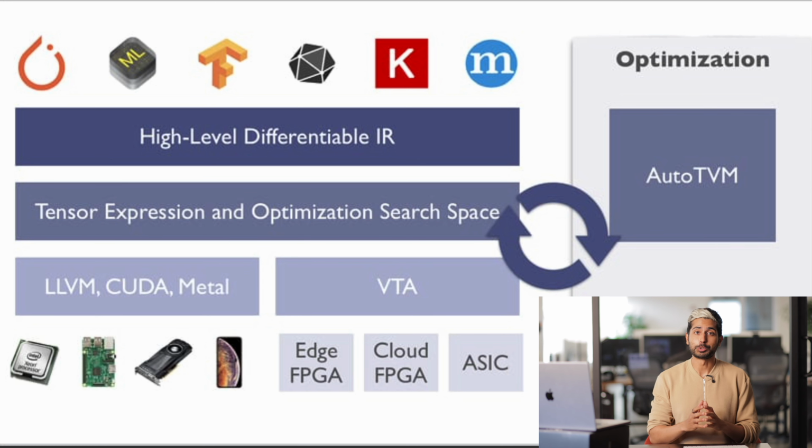This thing is awesome. It was created by Apache, a company that's well known in open source software for a bunch of different technologies already. And the way it works is we take our machine learning model, whatever language or framework it's in, whether it's PyTorch, TensorFlow, Keras, MXNet, whatever it's in, and it compiles it into this language-agnostic language called Relay.